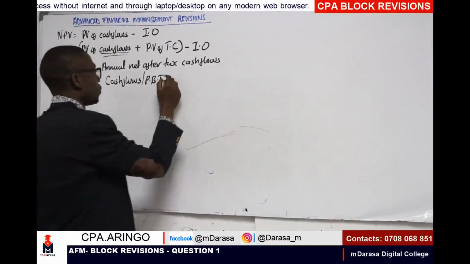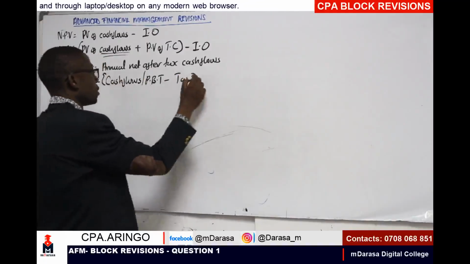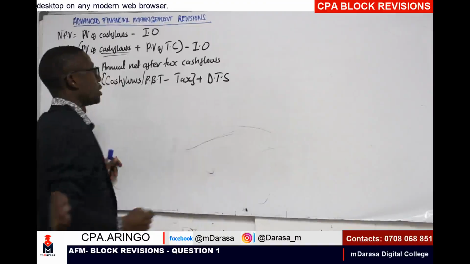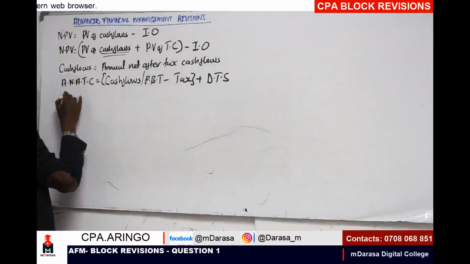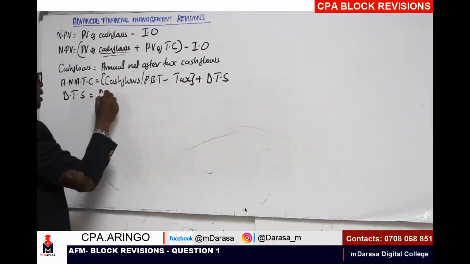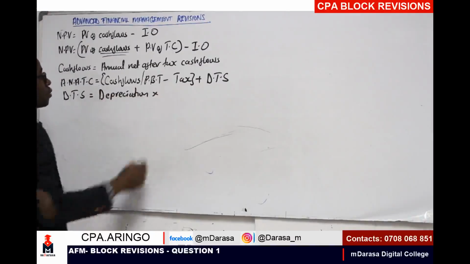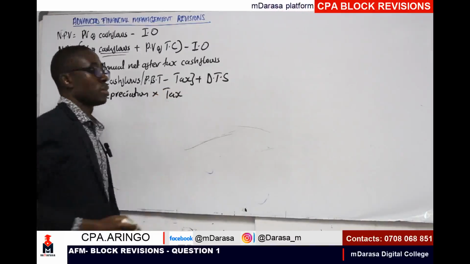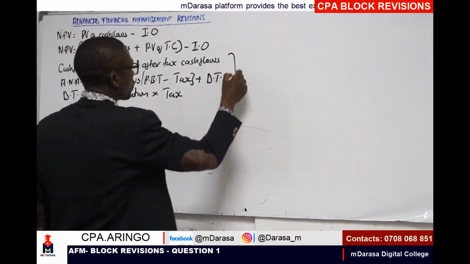Okay, we less our tax, we add our depreciation tax shield, DTS. In this case, my good students, you should understand that DTS, depreciation tax shield, we normally achieve that by taking our depreciation here, and multiplying by our tax rate. That should give us depreciation tax shield. So that is the first segment of cash flow.